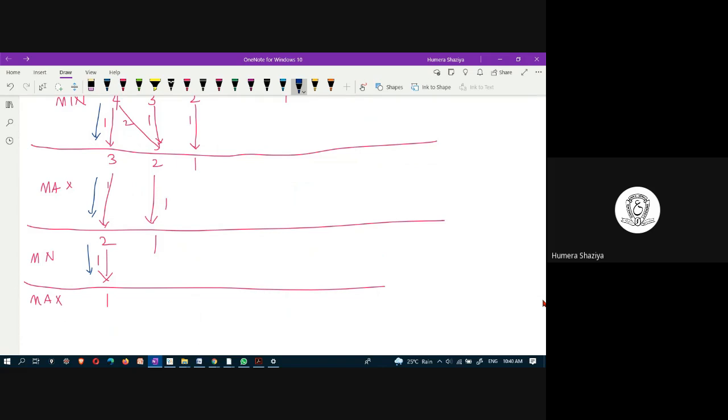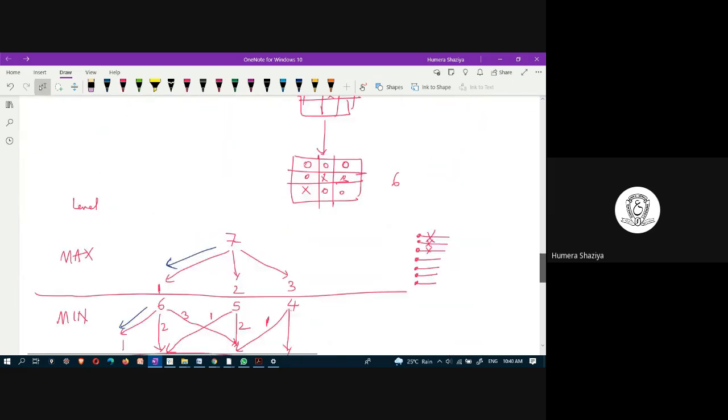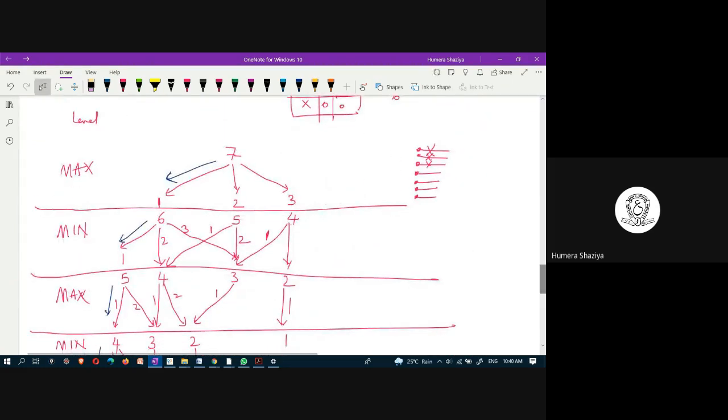It is whose loss? This is L. Max has lost. Because when Min has two matchsticks, if Min picks one, one will be left over, and whoever gets the last matchstick is the loser. It loses the game. When we play in this manner, consider the computer to be Max, it chooses 1 out of 7, only one matchstick.